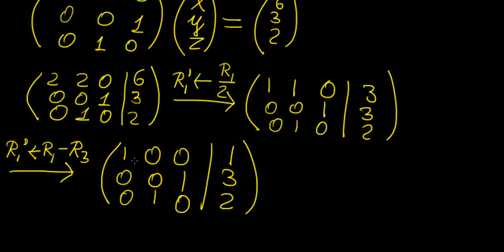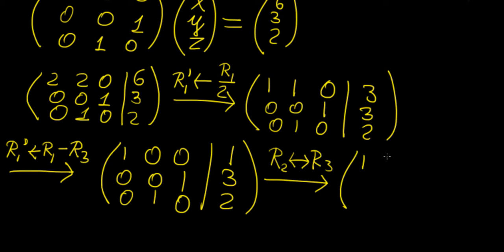And now if you notice, we want the leading terms, we want the ones to follow this kind of diagonal pattern here. So we want the ones to be laid out across the diagonal of this matrix. In order to do that, we can swap this row and that row. So basically that's what we're going to do. Let's say that we swap row 2 with row 3.